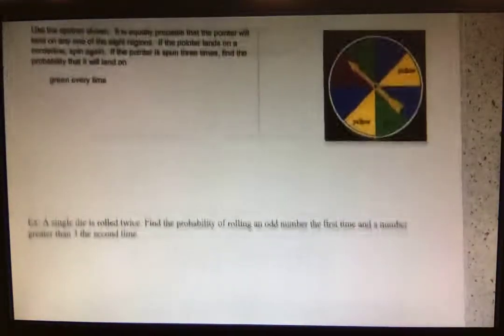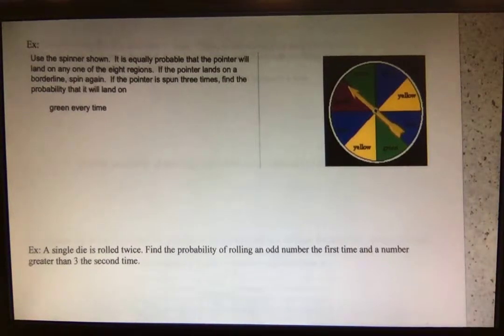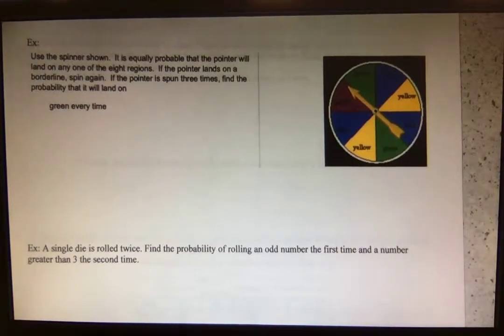All right, so one more spinner problem. It says, use the spinner shown. It's equally probable that the pointer will land on any one of the 8 regions. If the pointer lands on a borderline, we spin again. If it's spun 3 times, find the probability that it will land on green every single time.